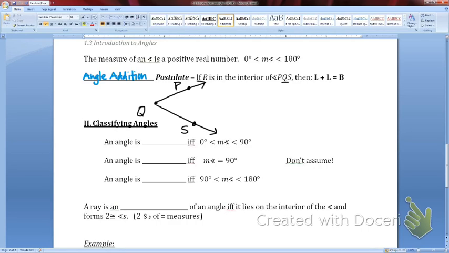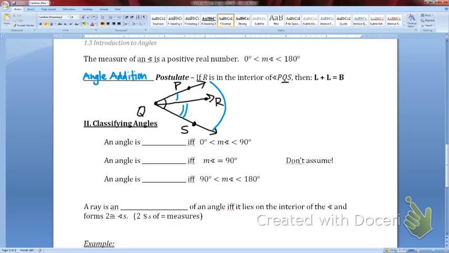So we have angle PQS right here. And then it says R is somewhere in the middle, somewhere on the inside. Would you agree I could add this angle plus this angle and I would get the big angle, right?